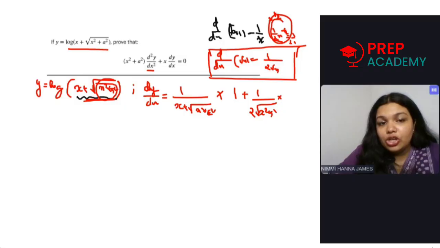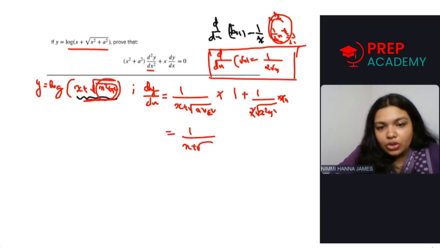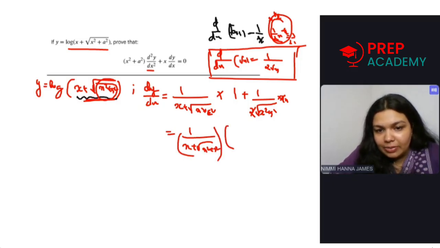The differential of x square is 2x, plus 0. Now this 2 and 2 will get cancelled. So on opening this, it is 1 by x plus root of x square plus a square into, here what remains, 1 plus x by root of x square plus a square.